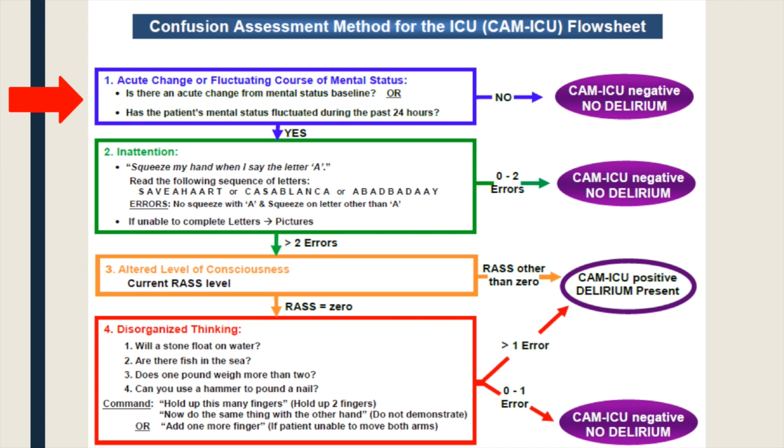To answer the first question, we must take into consideration the patient's pre-hospital mental status. You can get this information from family, friends, or the H&P. If no one is available to help establish what the patient's baseline is, use critical thinking skills.